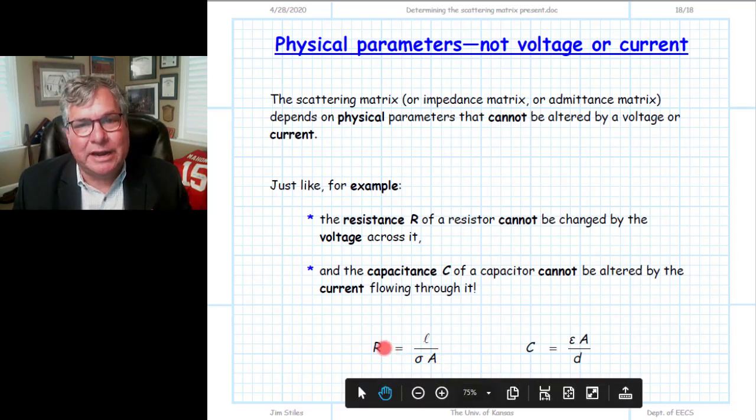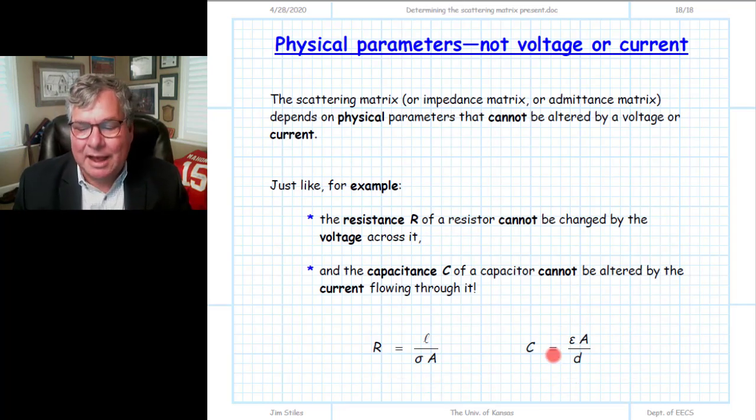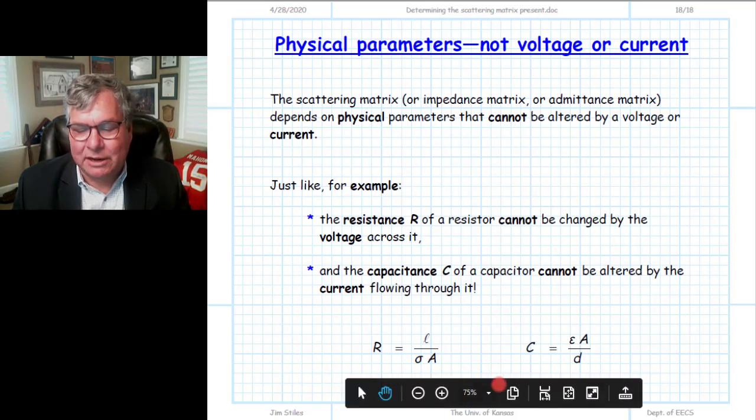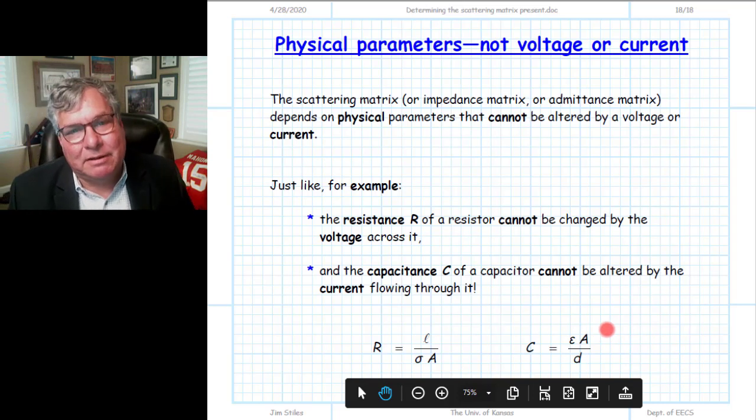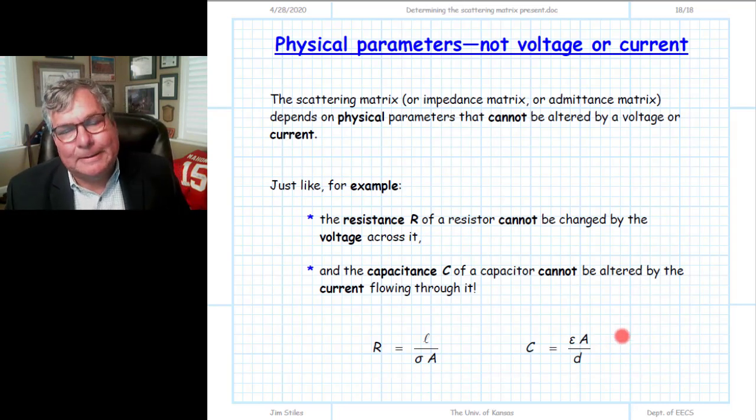The same thing for capacitance. Again, it doesn't depend on the voltage across it or current through it. It depends on the physical parameters, and that's what we're after with the scattering parameters: equations that look like this. They have no voltage or current in them, and they certainly don't have any functions of time or functions of position.